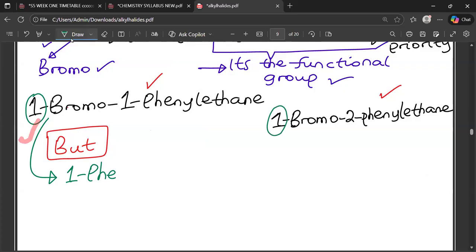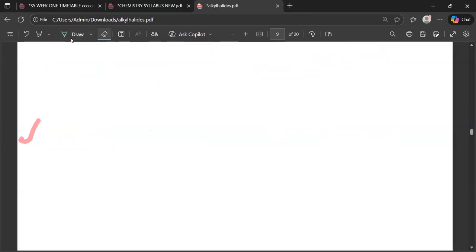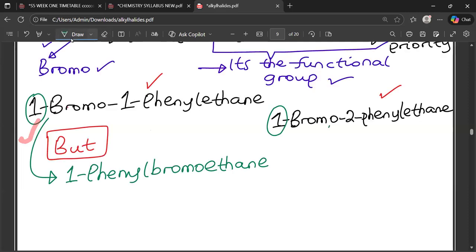Let me ignore it and begin with 1 phenyl, then I say bromoethane. Then here this side, it is 2 phenyl bromoethane. You get it?